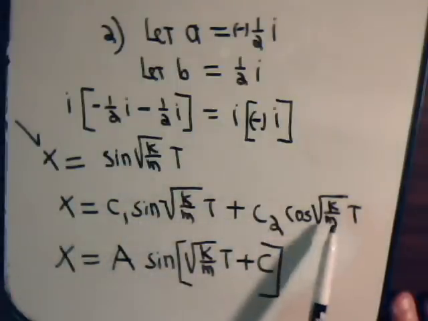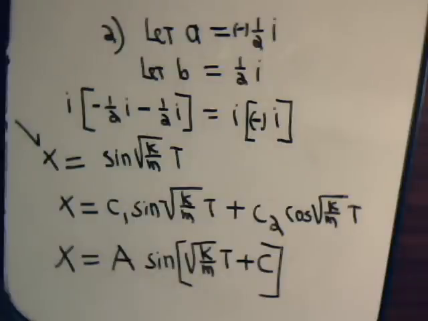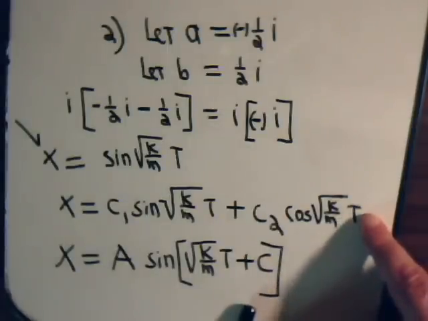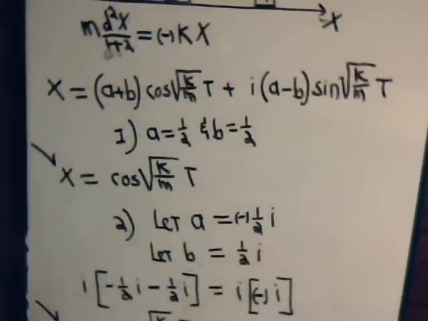This was from Newton's law and just solving a really simple second order differential equation, but they look like two entirely different kinds of solutions here. So let's see if there's a way that we can reconcile this. So we're going to write these two at the top and get rid of this stuff now.